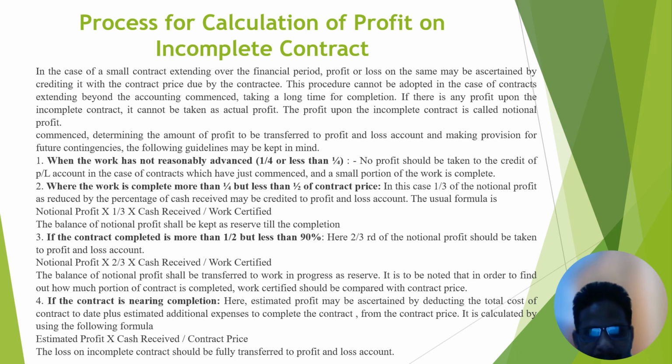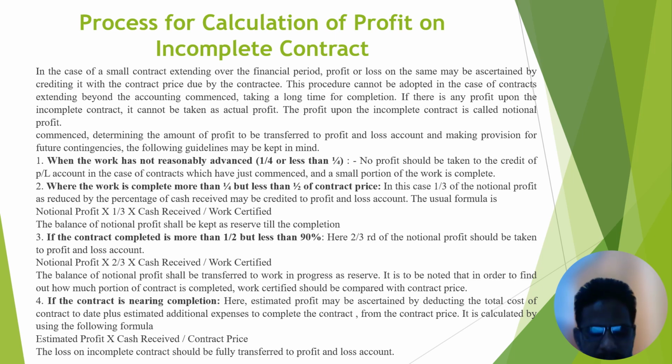Now the next situation, if our contract is nearly at completion. Nearly at completion means the work is completed more than 90%. In this situation, here we have to calculate estimated profit. Listen carefully.